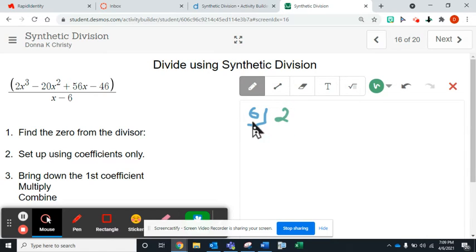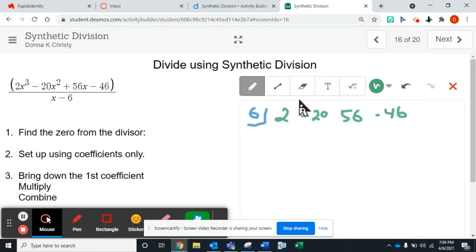So I'm going to write 2 and then negative 20, because that's a minus 20. Then positive 56, and then negative 46.